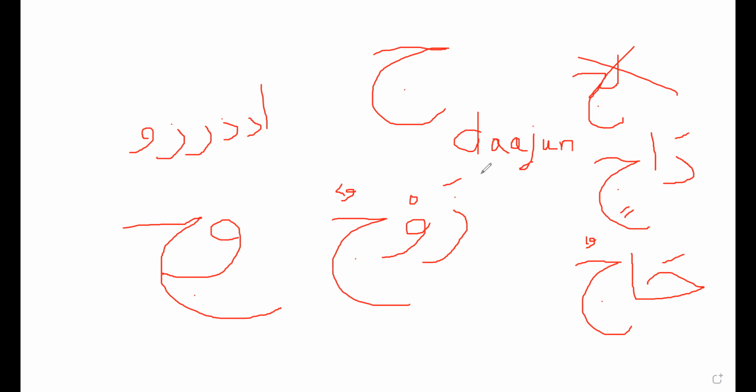How are you going to do that? Just follow the sound. "Da" means it begins with dal. Then the double A represents mad, elongation. "Jun": this is Jeem, and the Jeem has tanween on it.